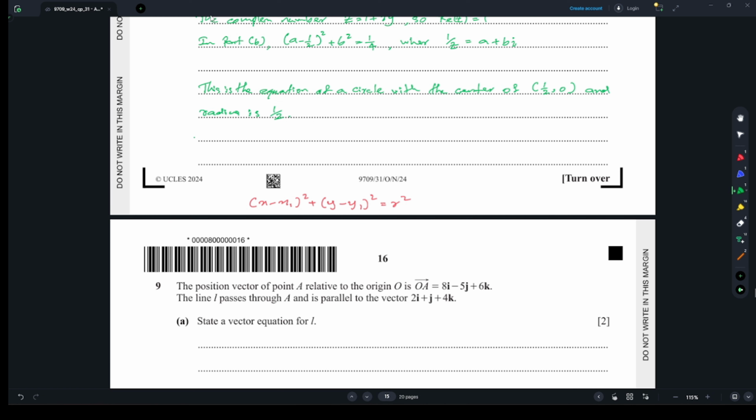Therefore we can say, therefore the locus of 1 over z is a circle with the center half, 0, with radius half.